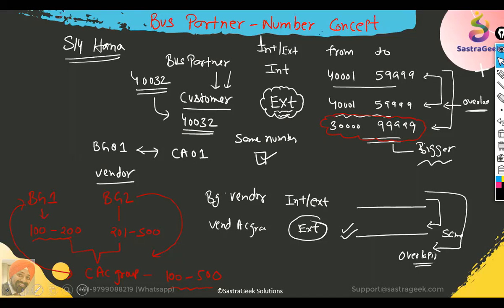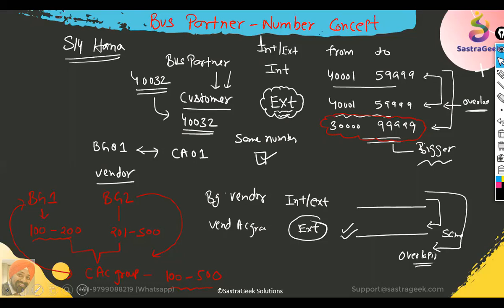It can be internal also. If you don't want to have the same number, it can be internal. If you want to have the same number, yes, it has to be external. Any other question, guys, before I explain the next part of different numbers?